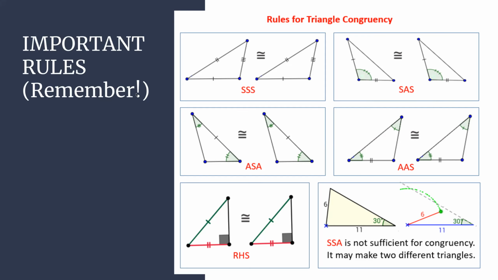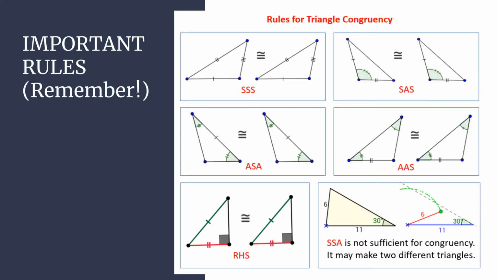Like they need to correspond to each other. For example, this side must correspond with this side, and this side must correspond with this side, and then we can say this angle corresponds to this angle. That is how we do SAS.